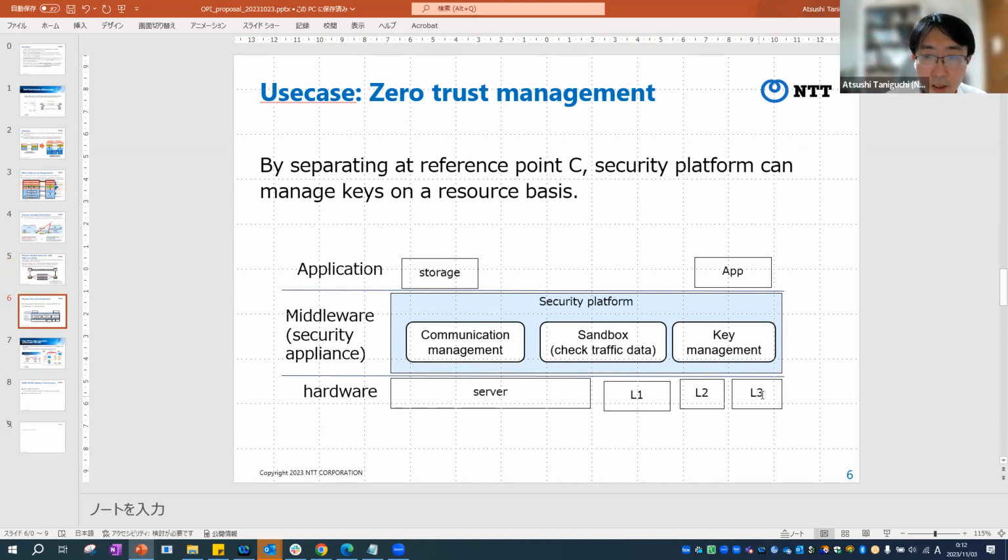For example, a hardware key security platform provides the key, decrypts the data and checks the traffic data, and then encrypts the data and can transfer it to the counterpart data center. So it's possible to secure the network.